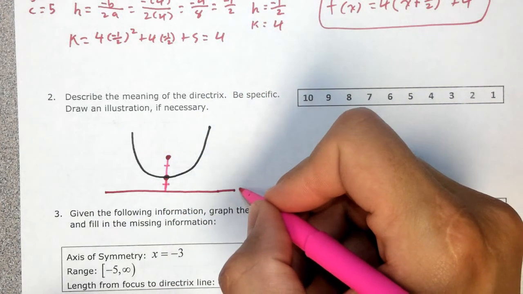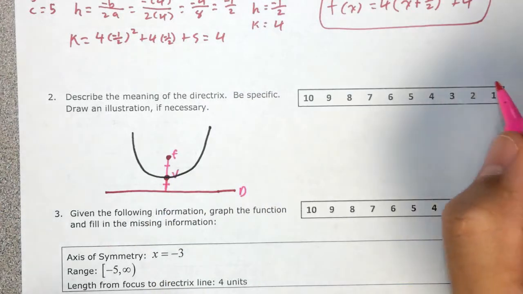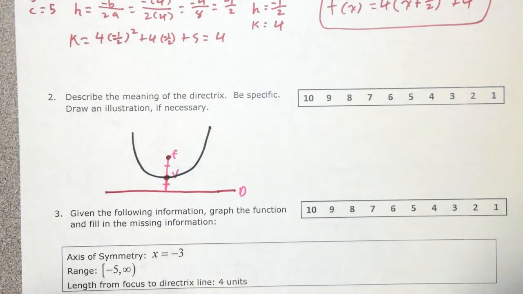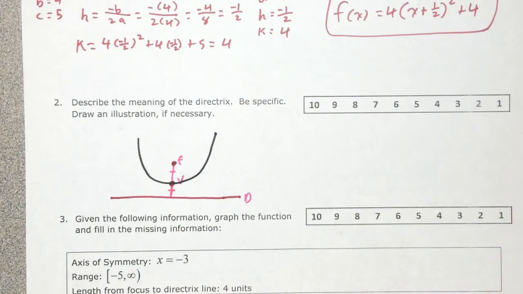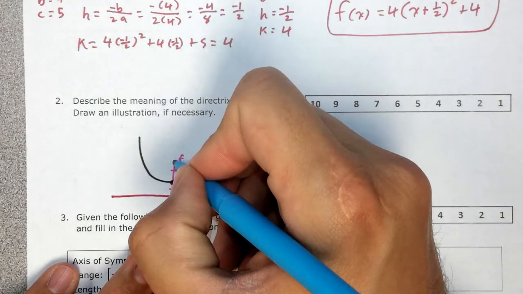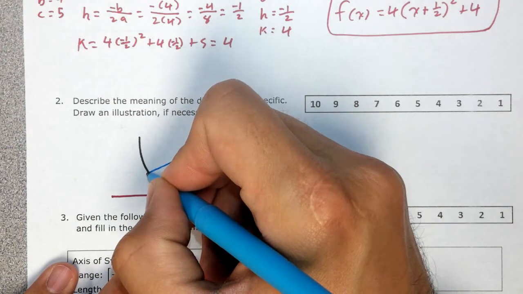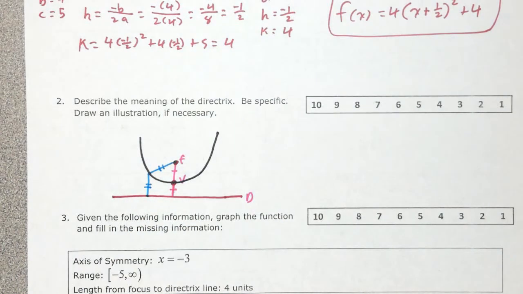So this is my directrix, this is my vertex, and this is my focus. These are the same distances. That distance is also always the same no matter where you are. The way we get this curve is saying those distances are the same.